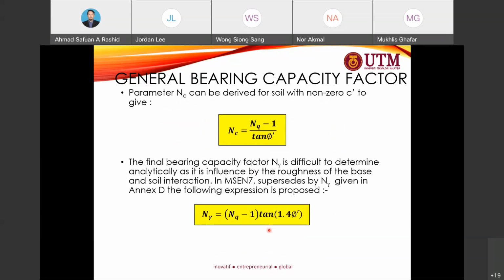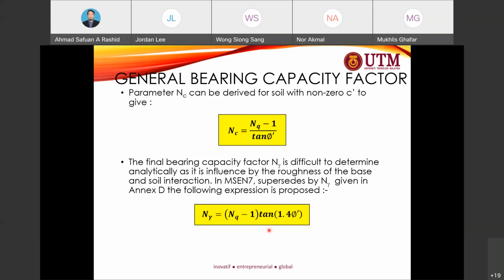The final bearing capacity factor N gamma is difficult to determine analytically, as it is influenced by the roughness of the base and soil interaction. So in MS 7, superseded by N gamma given in the NXD, the following expression is proposed.